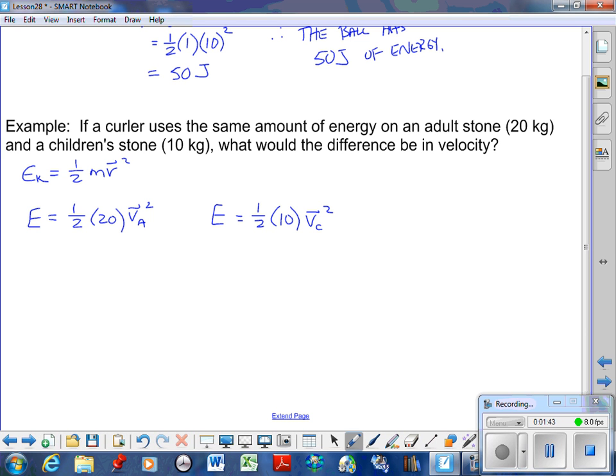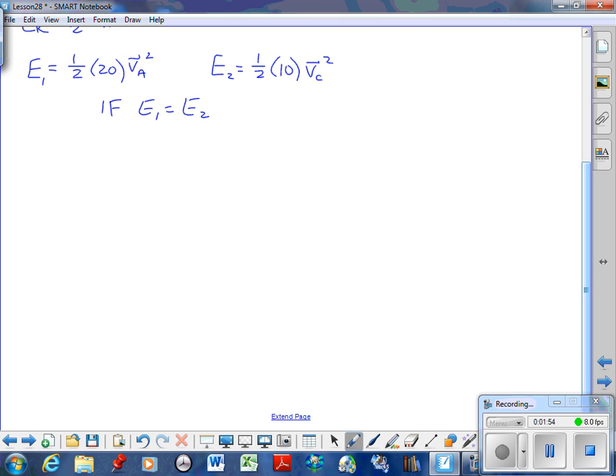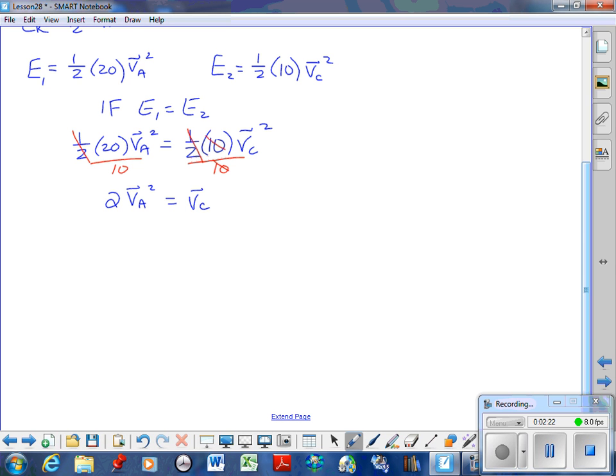If we do that comparison, if E1 equals E2, just to keep it something you can follow, then 1/2 20 VA squared has to equal 1/2 10 VC squared. The 1/2s would cancel. If you divide both sides by 10, that inverse operation would cancel out. I would have 2 VA squared equals VC squared.